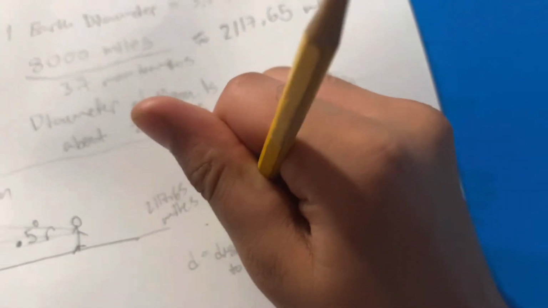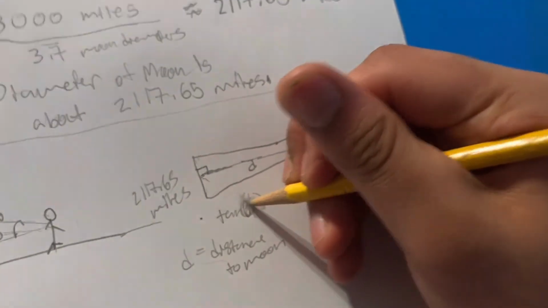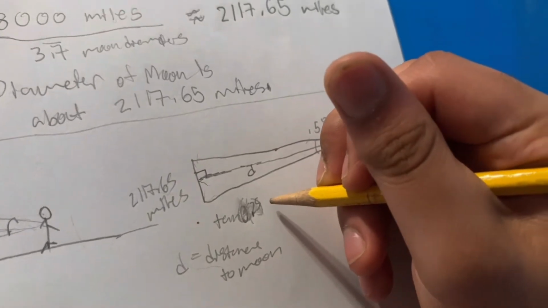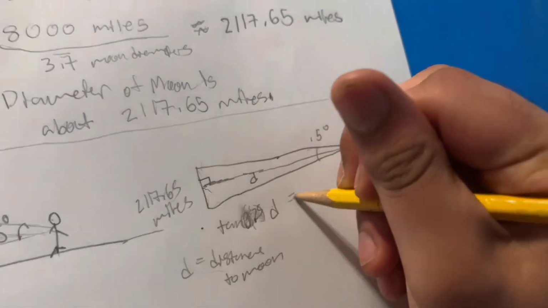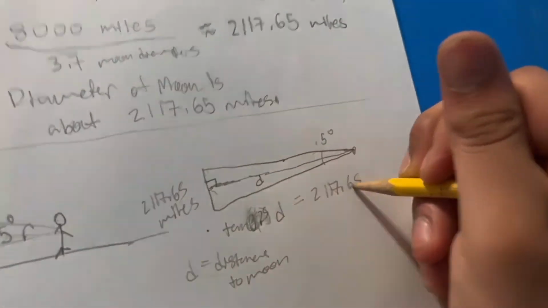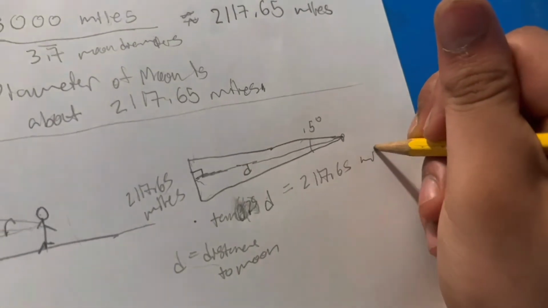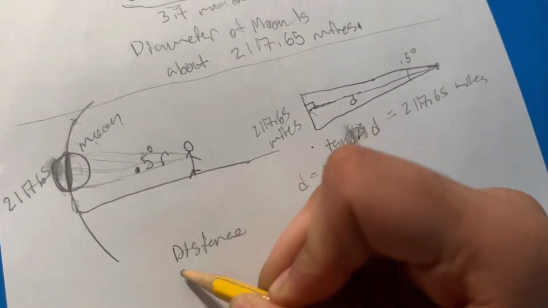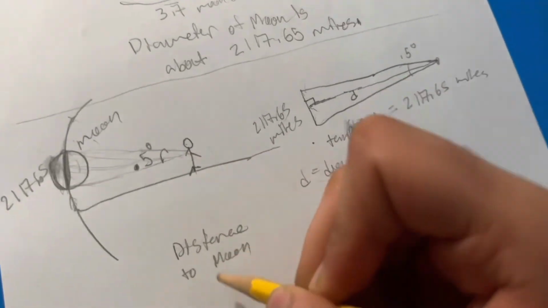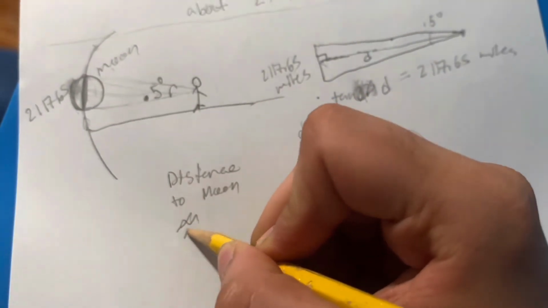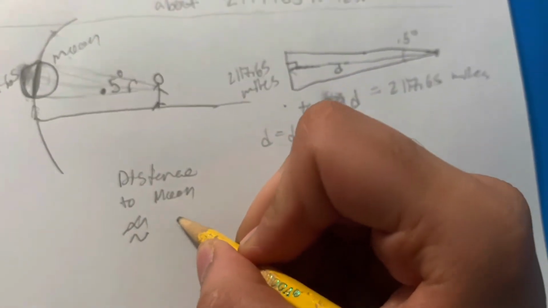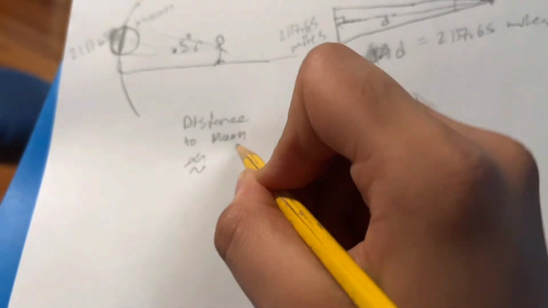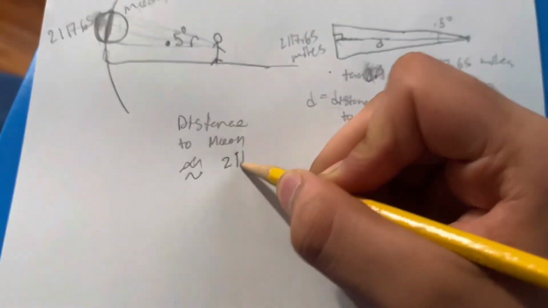Now, to find the distance, we have to take the altitude of that isosceles triangle, thereby creating a right triangle as we bisect it. Now, that altitude, or the long leg of that right triangle, is the distance to the moon, and therefore we can use the tangent of 0.25 degrees since we're dividing the angle by 2. So let's see. The tangent of the angle, which is 0.25 degrees, multiplied by d, the distance to the moon, should give you 1/2 the diameter of the moon, which would be 2,117.65 miles divided by 2.